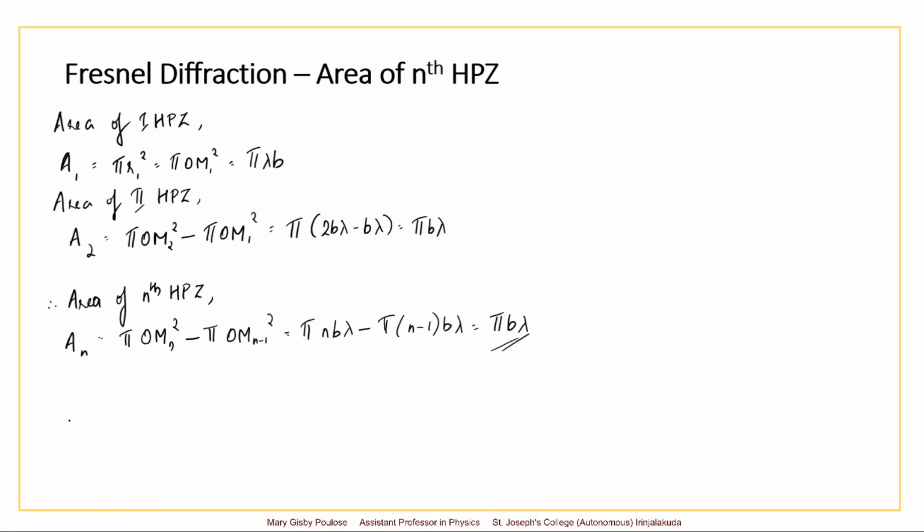Hence, we can say that the radius of the half period zones are proportional to square root of n, whereas the area of the half period zones is independent of n.